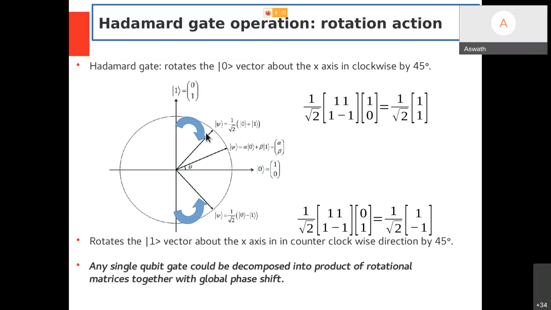It is exactly in the equal position, meaning at 45 degrees, aligned towards the 0 ket. So that is the Hadamard action. So rotation-wise, you can always use gate operations. You can also see it the other way around: any rotation matrices could possibly represent a given quantum gate operation.